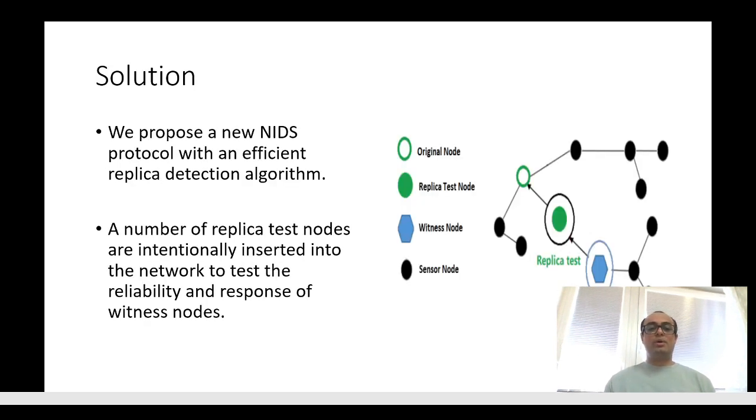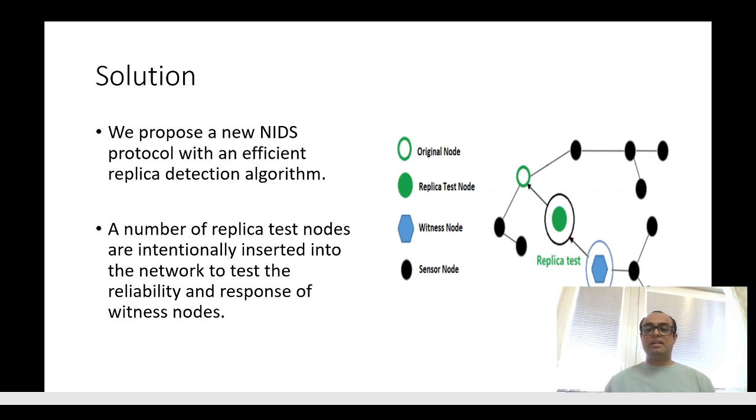As our solution, we propose a new enhanced network intrusion detection system protocol with an efficient replica detection algorithm. A number of replica test nodes are intentionally inserted in the network to test the reliability and response of witness nodes.